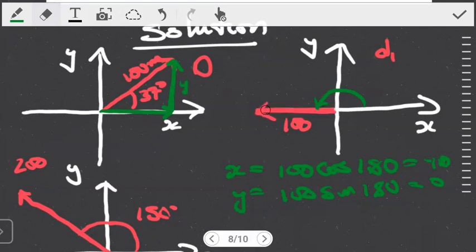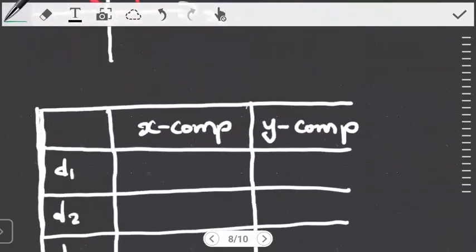If it has no displacement in the vertical axis, then its component in that axis is 0. And then since all of it is in the x-axis and in the negative x-axis, then it means that the x component is going to be -100. So with that in mind, the x component, we get -100. The y component, it has no displacement in that axis. We get it as just a 0.